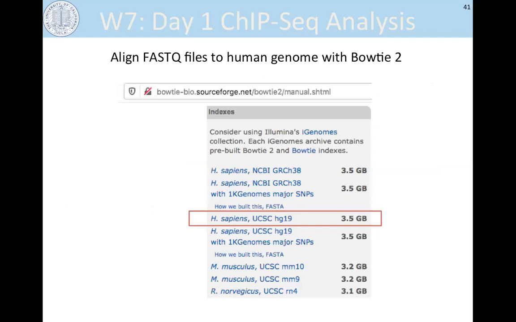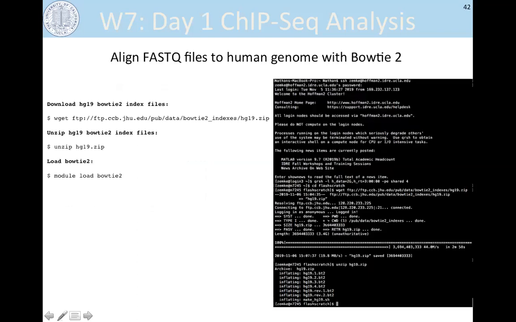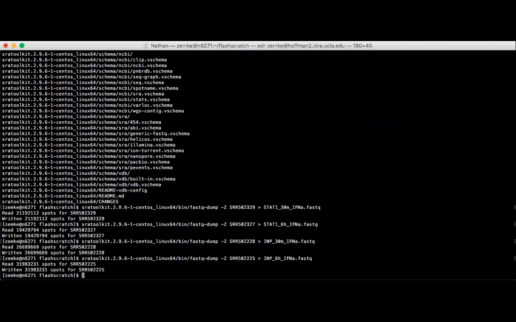And we will download our reference genome from the Bowtie 2 website. We're going to use the HG19 reference genome, human genome 19. And these will be the commands. So let's see if mine finished. Mine all finished.